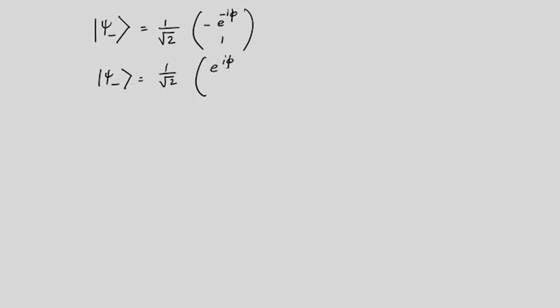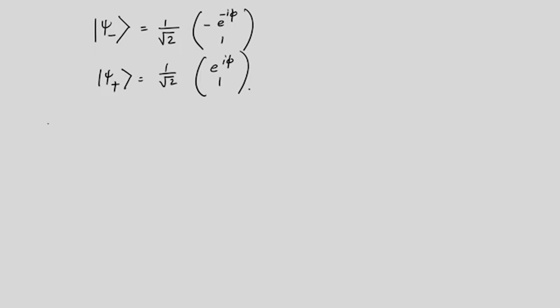The wave functions are written as 1 by root 2, and these are normalized: psi minus is equal to 1 by root 2 times minus exponential minus i phi and 1, and psi plus is 1 by root 2 times exponential i phi and 1. So, psi minus and psi plus are the wave functions corresponding to the minus and plus signs of the eigenvalues.